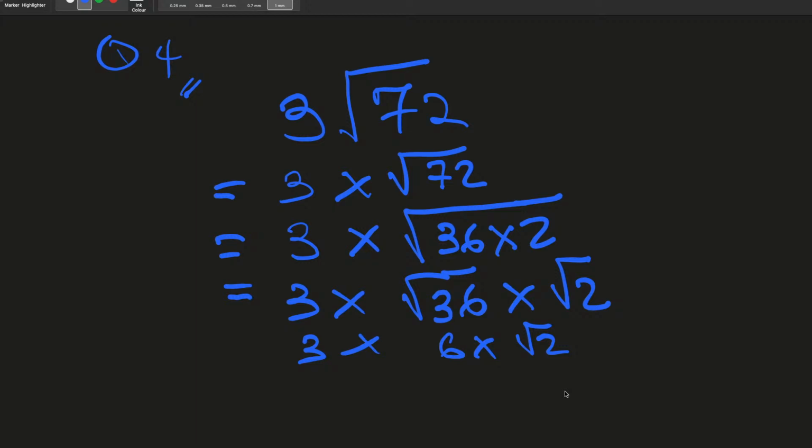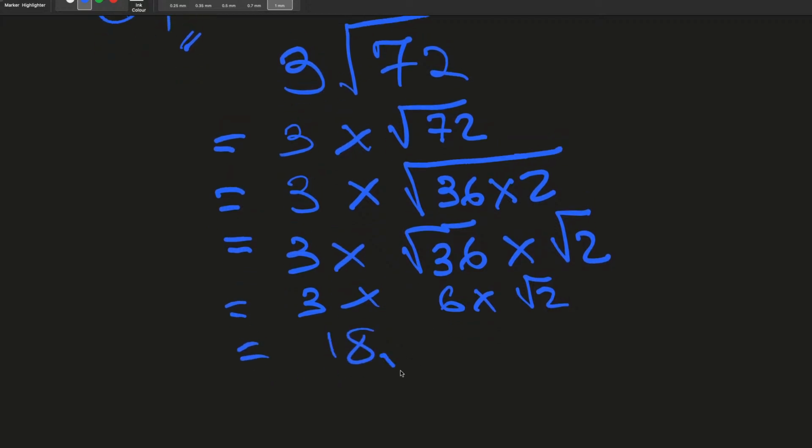So what do we get? 3 times 6 is 18. Root 2 is our final answer. All right, it's looking so beautiful. We will tackle different sorts of questions, and after that we will go straight on to do one more.